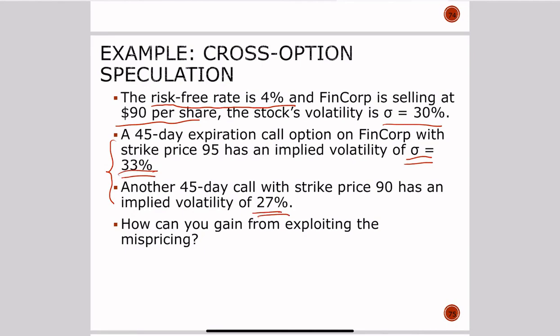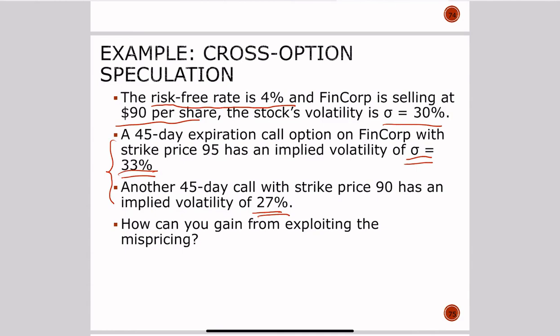So this basically means the call option with the higher implied volatility is overvalued, and the call option with lower implied volatility is undervalued. So you should build a long-short portfolio. That is, you should take a long position in the undervalued call option, and you should take a short position in the overvalued call option.